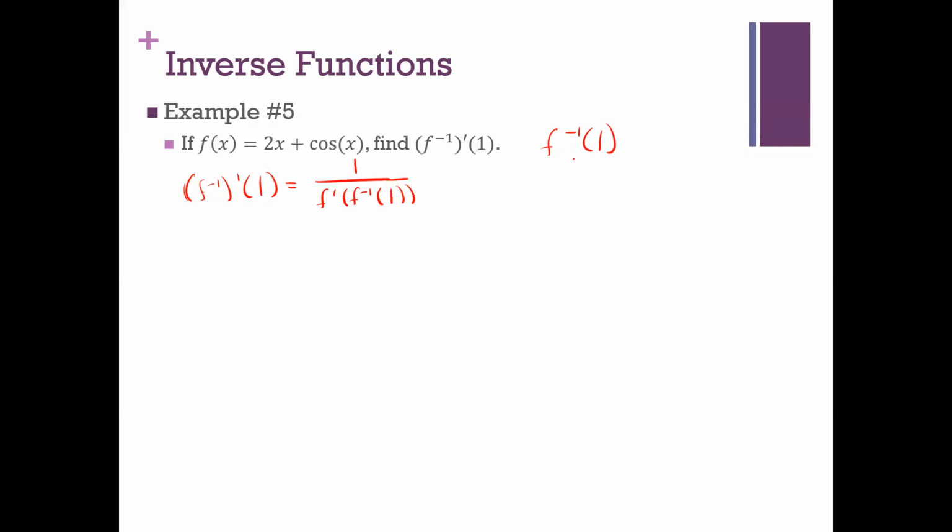We agree that f inverse of 1 is going to come from where this is true. So if f inverse of 1 equals x, then f of x equals 1. Hopefully you agree I'm allowed to say that. And I have this, 2x plus cosine x equals 1.